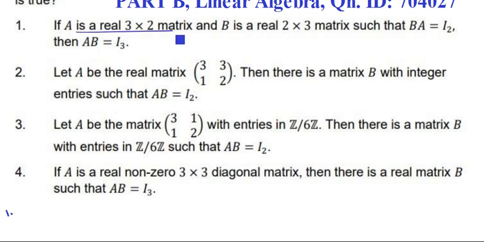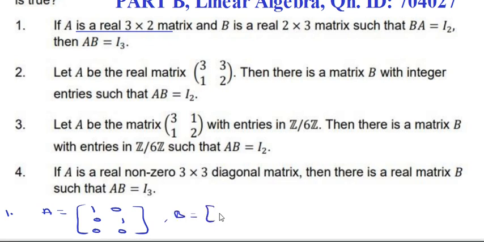A is a real 3 by 2 matrix. Therefore we can take A as [1 0; 0 1; 0 0], and B to be a 2 by 3 matrix, 2 rows and 3 columns, [1 0 0; 0 1 0]. So we will check BA.